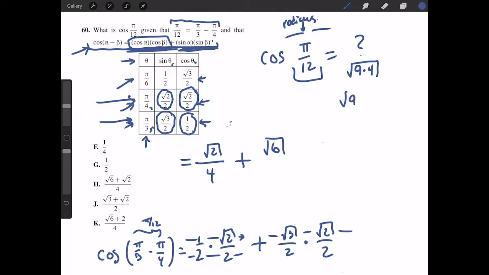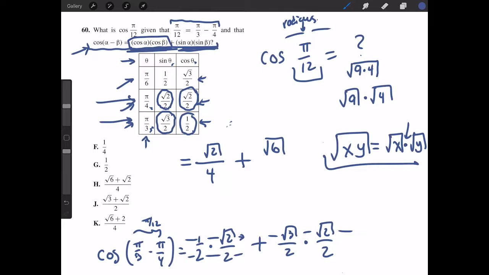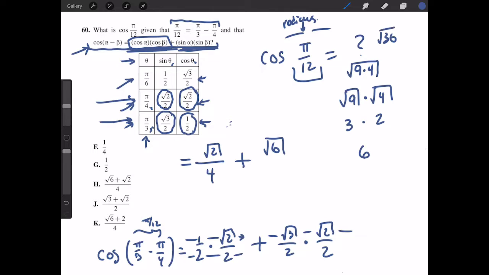Well, what this property says is that you can actually split this into this. Whenever you have the root of two numbers multiplying, you can say it's equivalent to the root of each of the numbers and multiplying. This is a principle of roots. And I'm going to prove that to you with this square root of 36. What is the square root of 9? It's 3. What's the square root of 4? It's 2. And 3 times 2 is 6.